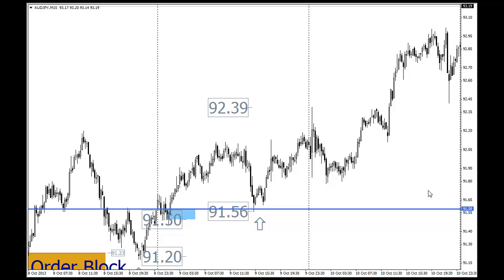So again, it's understanding your pair personalities and what characteristics go along with those particular pairs, and what that animal does during the 24-hour trading period that we like to call the forex day, because these are countries that are operating their business around those times of the day.